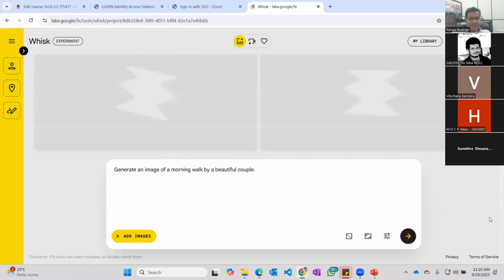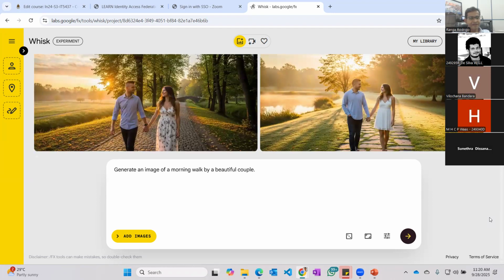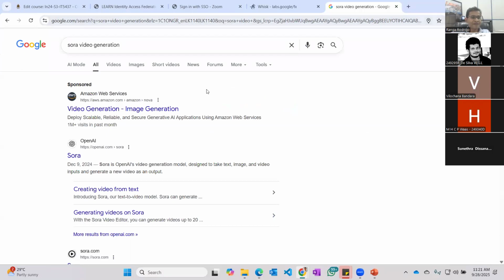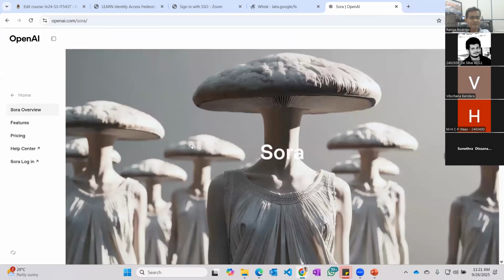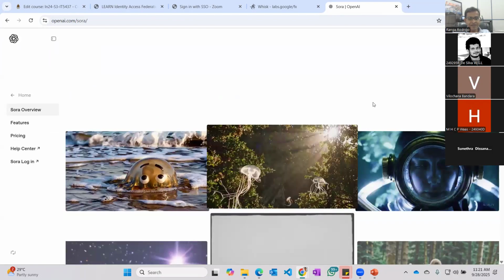So now there are video generators also. These are videos generated by this Sora thing.